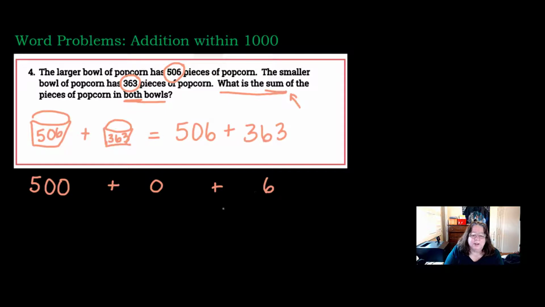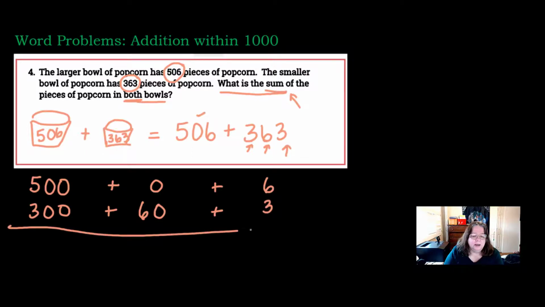I like to give myself a lot of room when I'm expanding. Okay, so that one is done. 363. The value of the 3 is 300. The value of the 6 is 60. The value of the 3, well, is 3. And I'm going to put my line underneath.